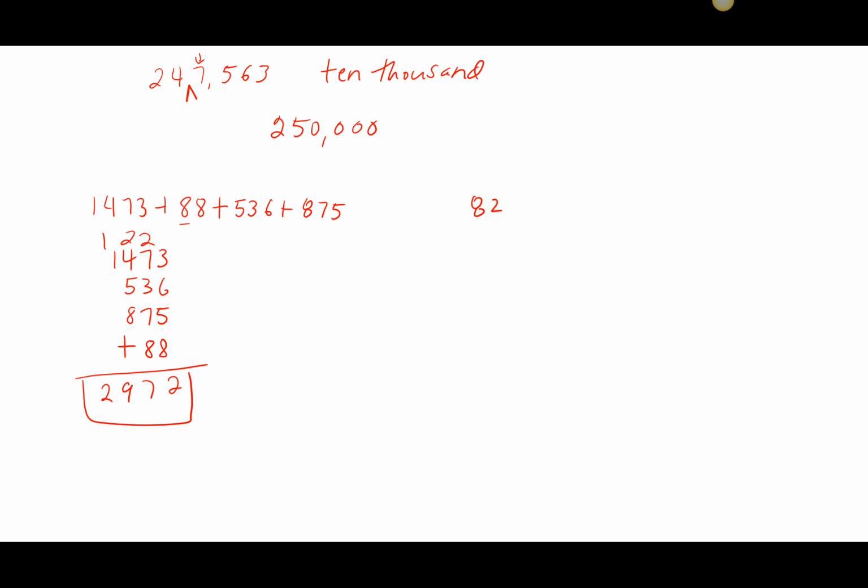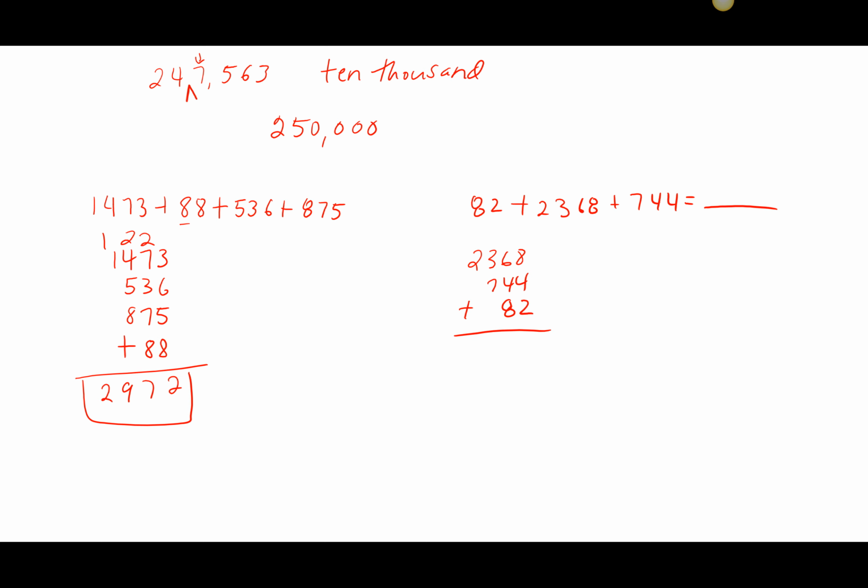Let's do another one. So you've got 82 plus 2,368 plus 744. Okay. Again, put your numbers largest to smallest. So that's going to be 2,368 plus 744 plus 82.